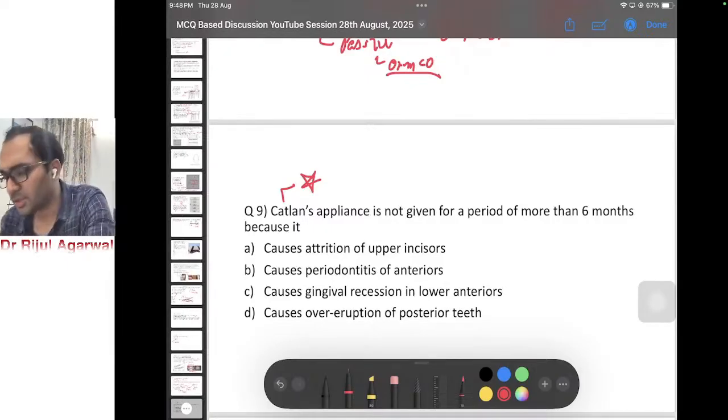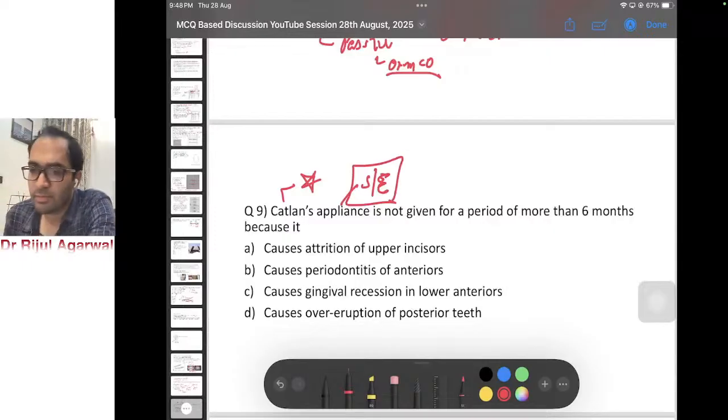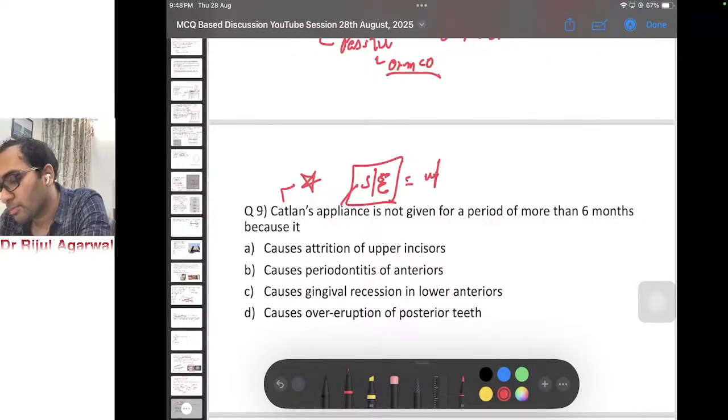The other way of asking this question is side effect of Catlan's appliance. So in your exam you can be asked what is the side effect of Catlan's appliance, or side effect of prolonged use of upper anterior inclined plane, sorry, lower anterior inclined plane.